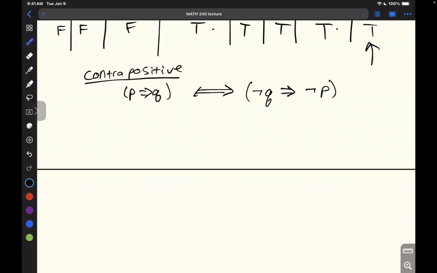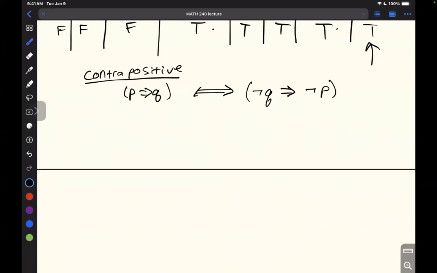What is this saying? Basically, we've got some sentence P implies Q, and we negate the conclusion, and that implies that the hypothesis is false.